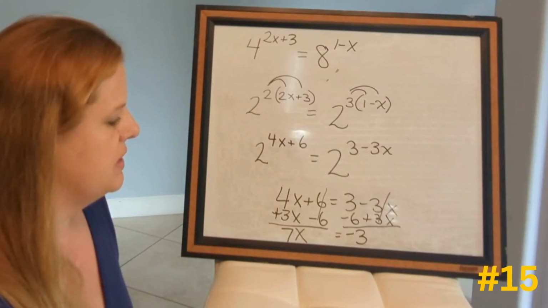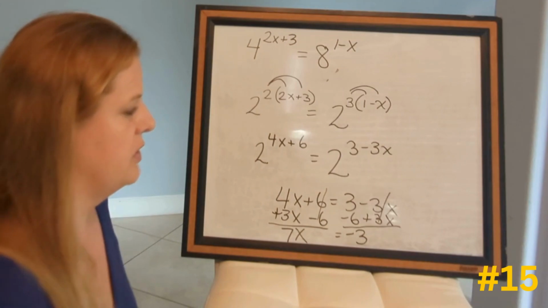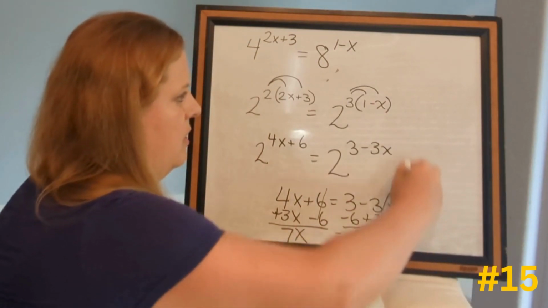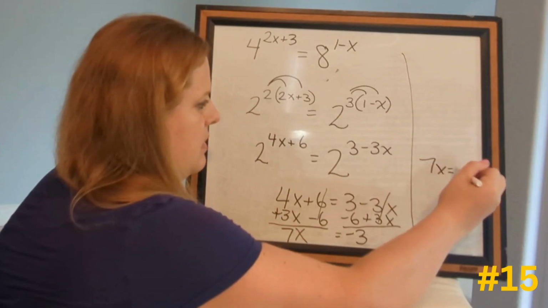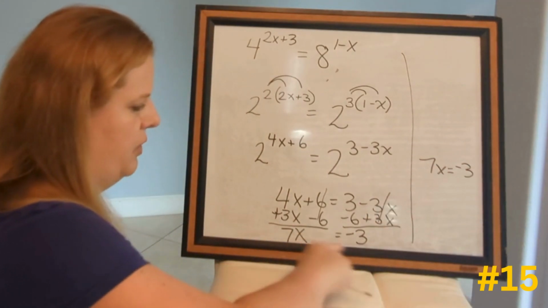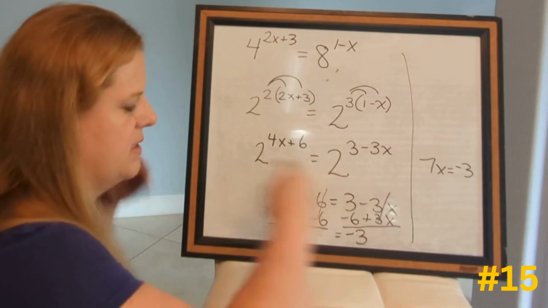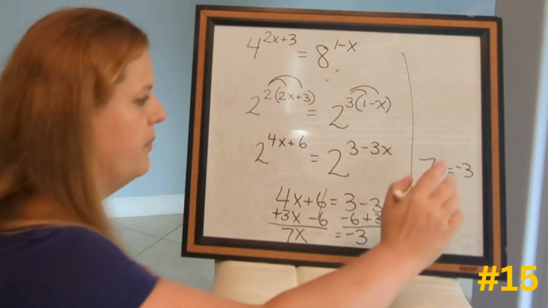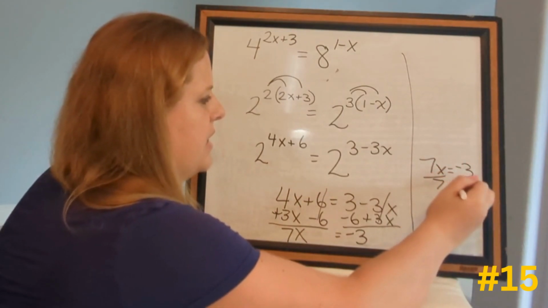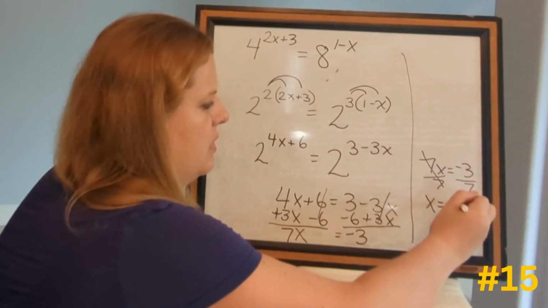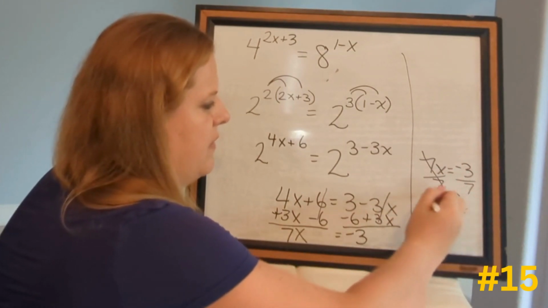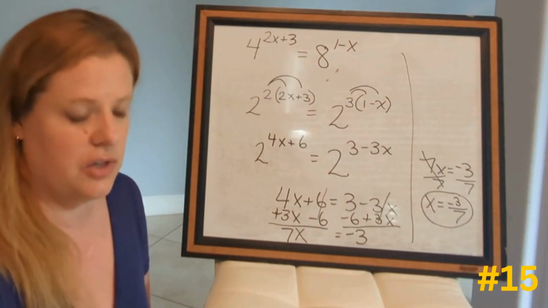So in the interest of space, I'm going to move over to this next area here. I have 7x equals negative 3. That's what we get when we get x's on one side, constants on the other. Now I want to divide both sides by 7 to get x by itself. And I get negative 3 over 7 as my answer.